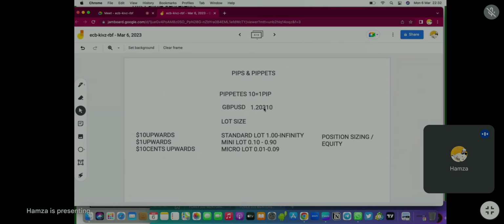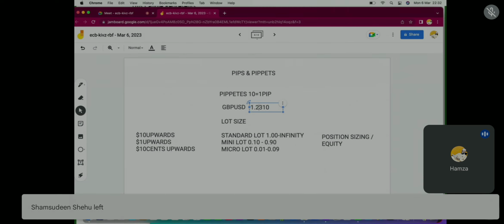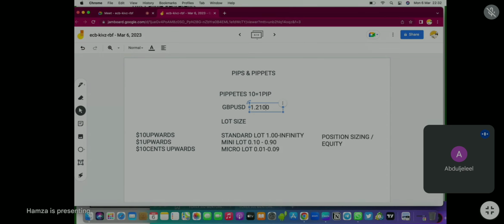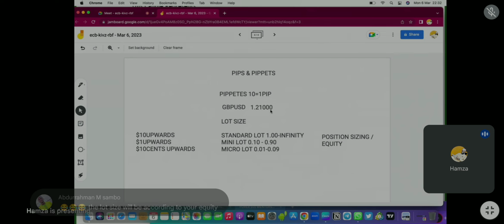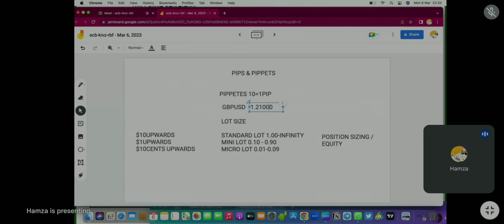What we'll do is we'll have 100. So if it wants to change to 101, 1 pipette, 2 pipettes, 9 pipettes, boom, 10 pipettes, it will now change to 101. That's how to do it.